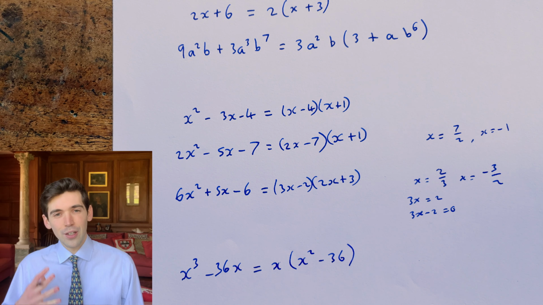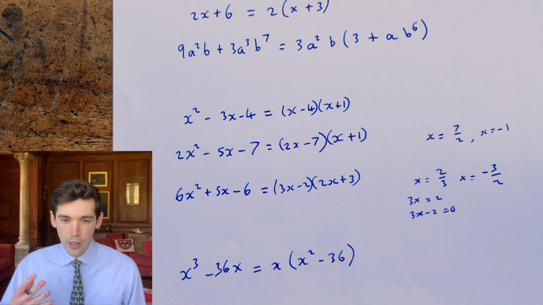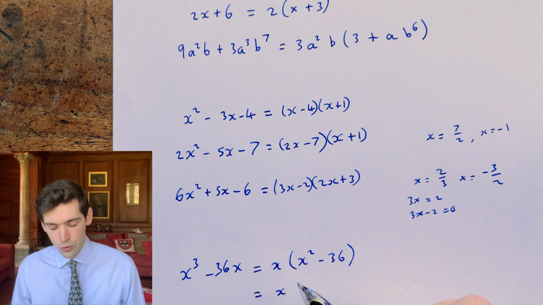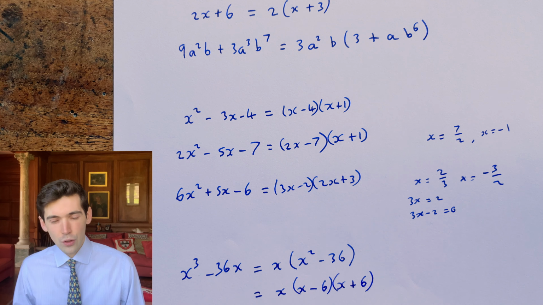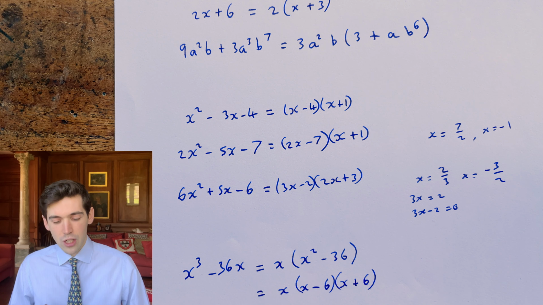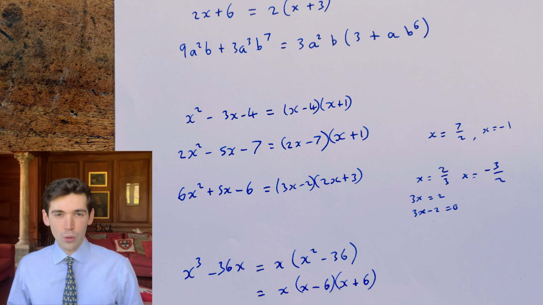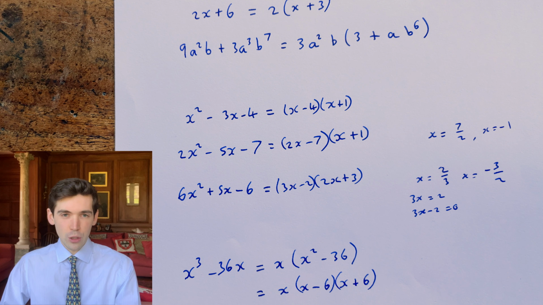And then we're not done. So typically if it was this question, it would say factorize fully. And then you can go a step further because this is now difference of two squares. So it's x minus 6, x plus 6. Okay, and then that's fully factorized. So it's just to say that sometimes you can have multiple steps involving these. But as long as you're good at each individual process, you should be fine.